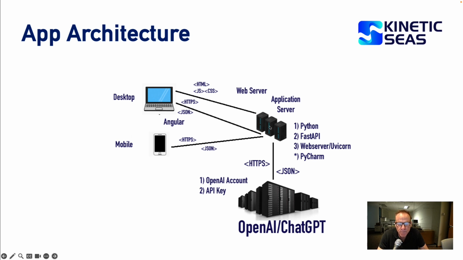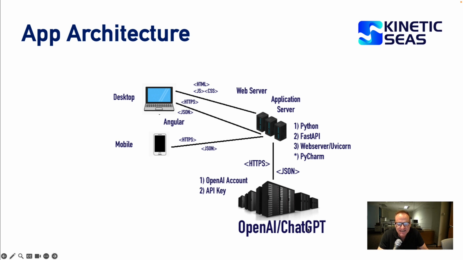So what we're starting with today is this application server. We're going to use Python, FastAPI, and the web server, which is Uvicorn, along with the PyCharm IDE, to build Python code that talks to the desktop and the mobile app, and then restructures the prompt to talk to the ChatGPT API.